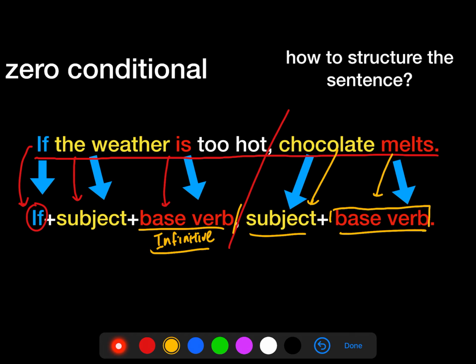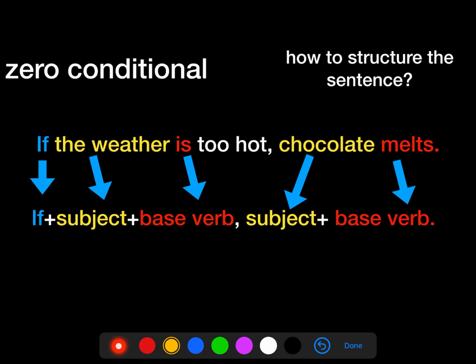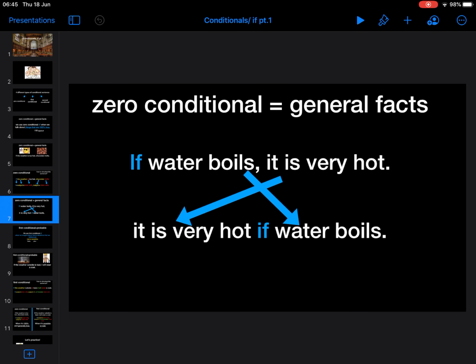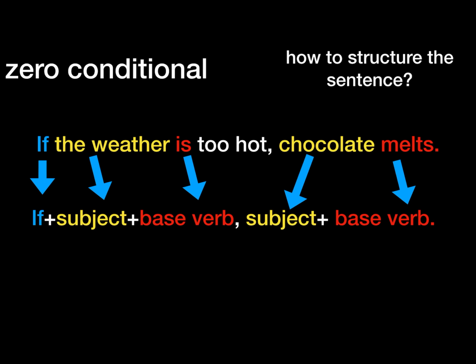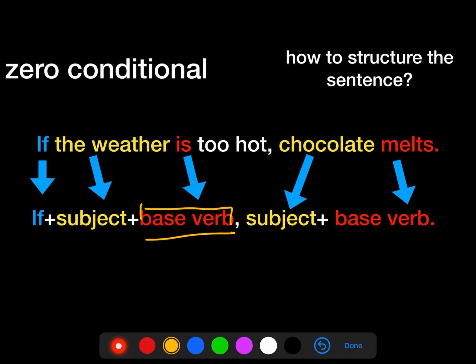So one more time. Zero conditional, we structure the sentence like: if, subject, base verb, and then the subject, base verb. Okay, at this point, don't forget the comma here.